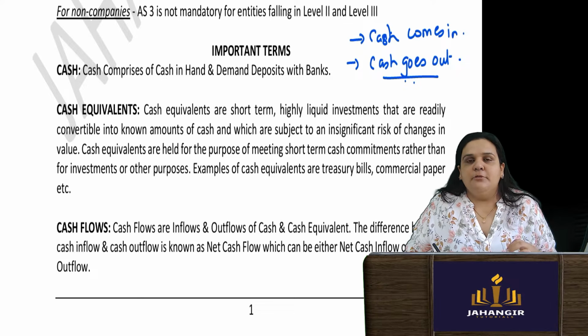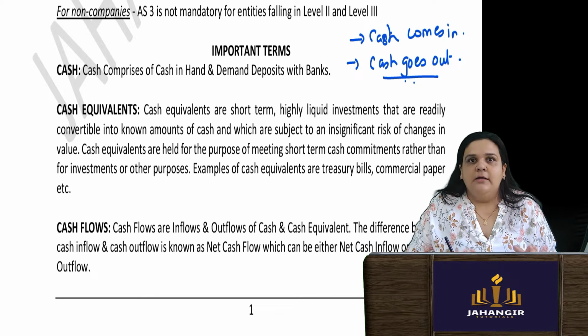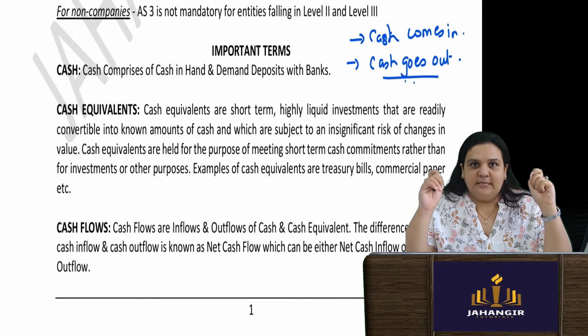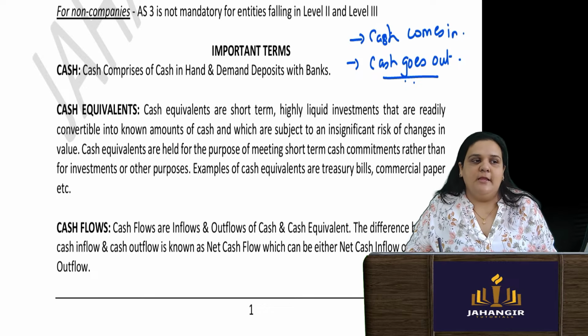Why do we need to know these terms? Because the cash flow statement has a particular method to be solved. It has a particular statement format, and in that format these terms are very important.